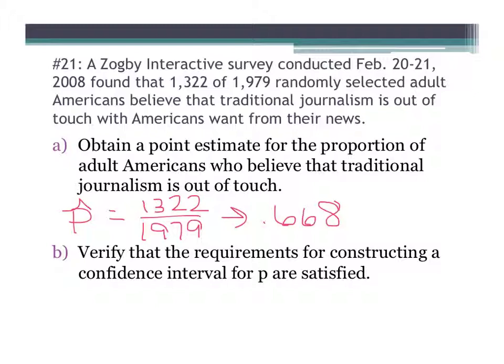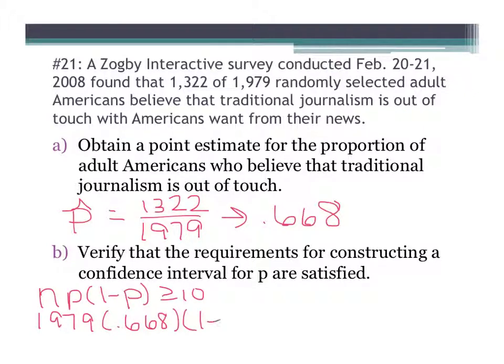Now, B says verify the requirement, so that's the np(1 minus p) greater than or equal to 10. So n would be 1979 times 0.668 times 1 minus 0.668, and that equals 438.89, which is greater than or equal to 10.